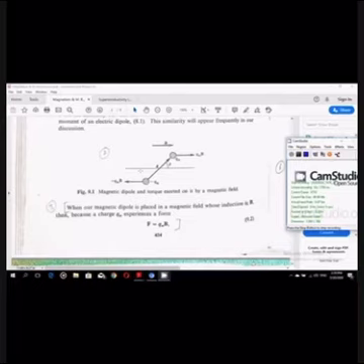And just like the electric dipole in an electric field, we are using the same formula to find the magnetic force, which is Qm into B.